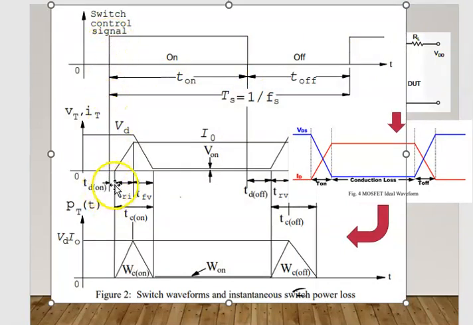So time delay determines the delay before the I load rises, and also V from drain to source only reduces when this TRI is achieved, or time for the rise of current. TRI, time the rise of current, rises after the delay time up to 90% of the values.